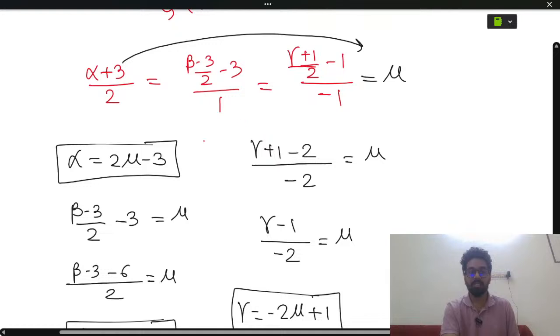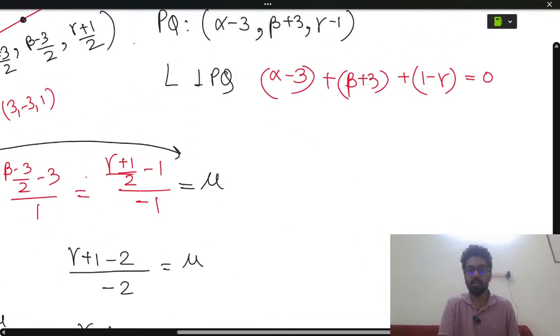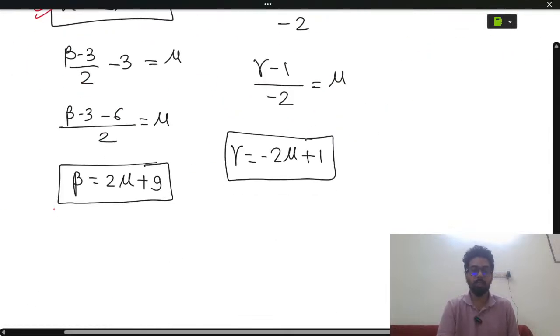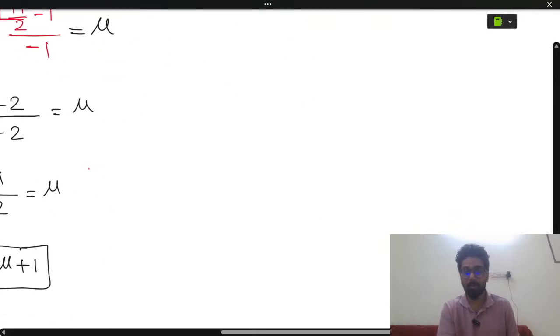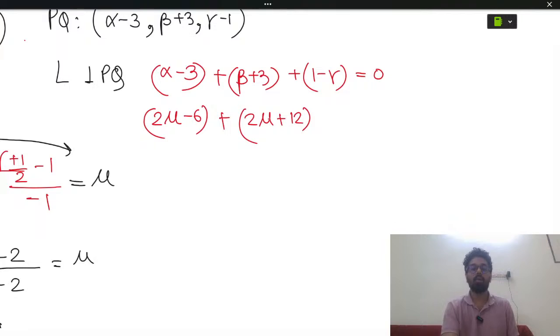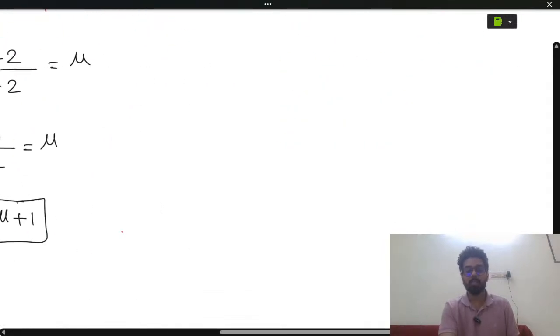Alpha is 2 mu minus 3, so I will put over here 2 mu minus 3, become minus 6 plus, what is beta? Beta is 2 mu plus 9. So, I will put it over here, 2 mu plus 9 plus 3 is 12. And what is gamma? It's minus 2 mu plus 1.